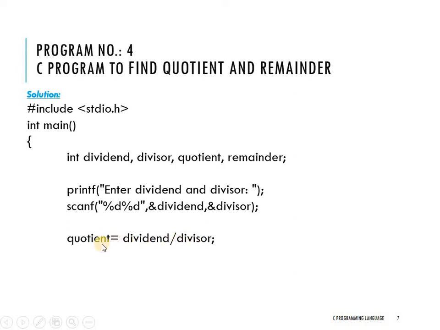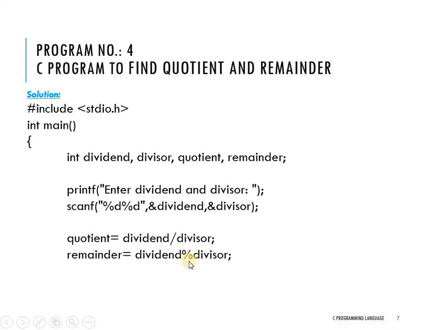So that we will get the quotient value in this variable, because here we have used integer variables. Whenever we divide integer variables, we will get an integer value as the quotient, because we can't get a float value from an integer variable. And then I am going to find the remainder value using the modulus operator, dividend modulus divisor.